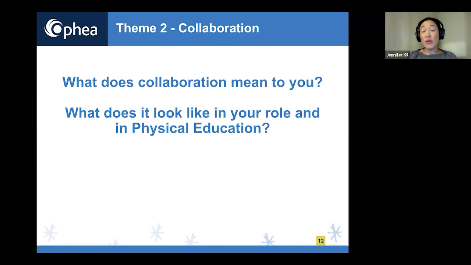We also collaborate with other schools outside of our school so that we can ensure that there's great competition and collaboration with them together. So I hope that kind of gives you an idea of what is possible, because it does work in our school and it does work in our school community.